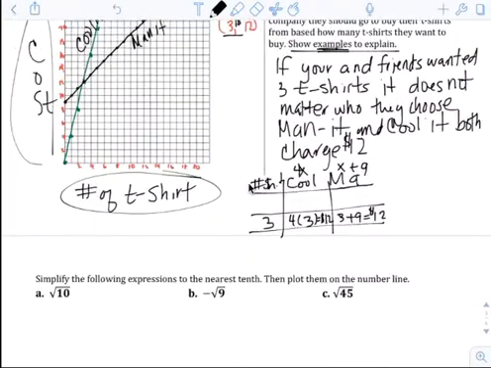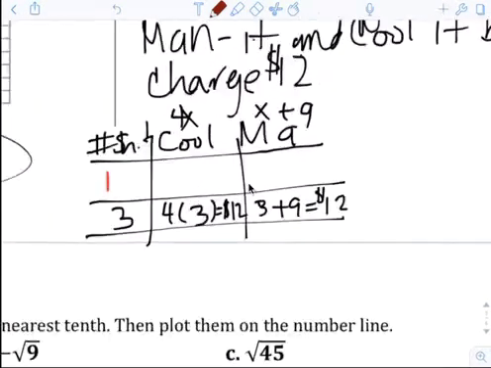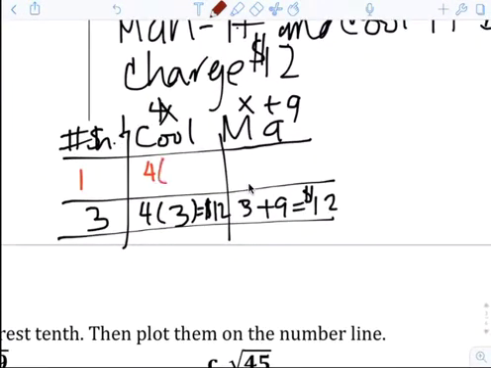Now if you want less than 3 t-shirts, let's say 1 t-shirt. Cool would do 4 times 1, which is only $4. Or Man will charge 1 plus $9, which is $10. So anything less than 3, you would use Cool It.